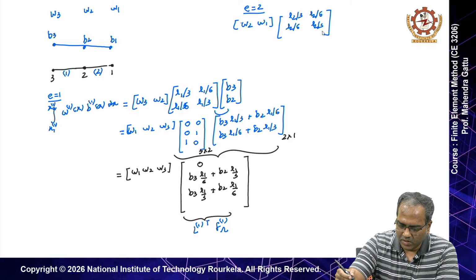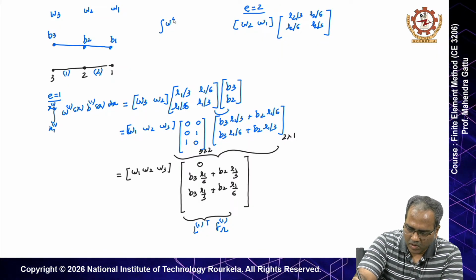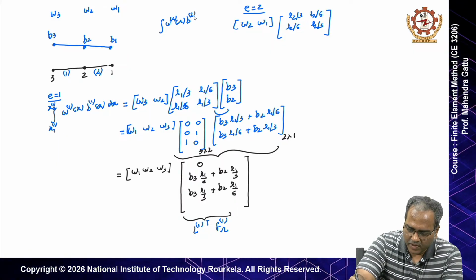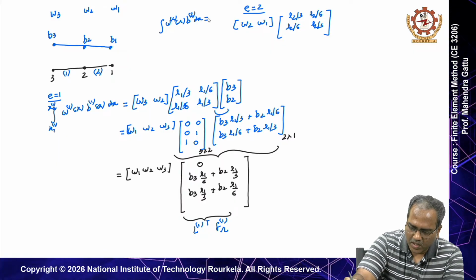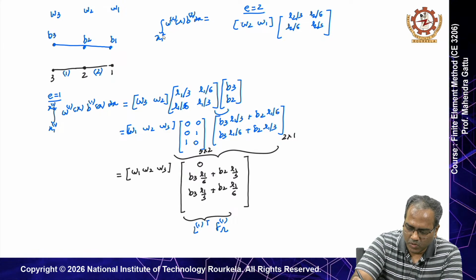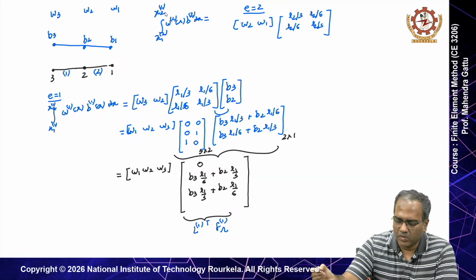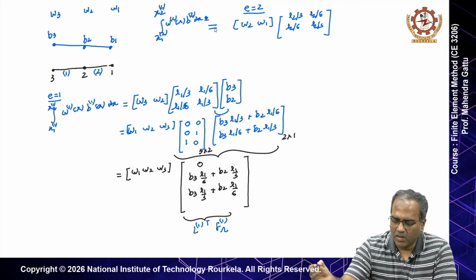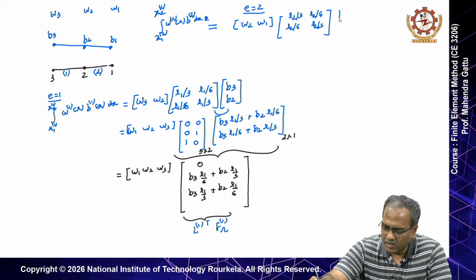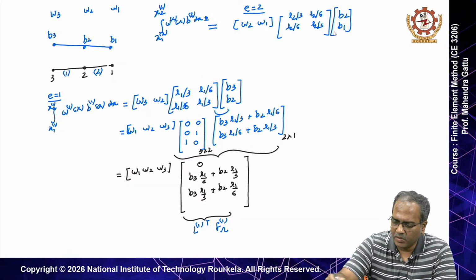What I am doing here is the same operation for element 2, W2 of x, B2 of x dx, between x21 and x22. On the right hand side we have B2 and B1. This is for element 2.